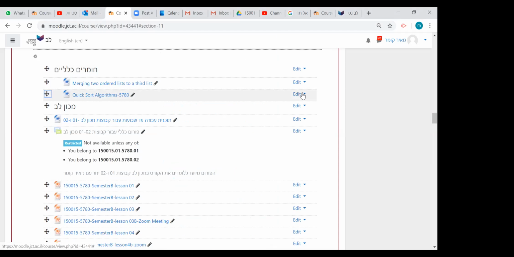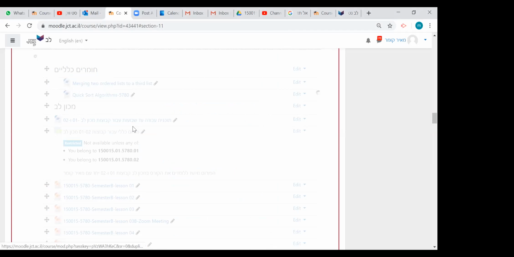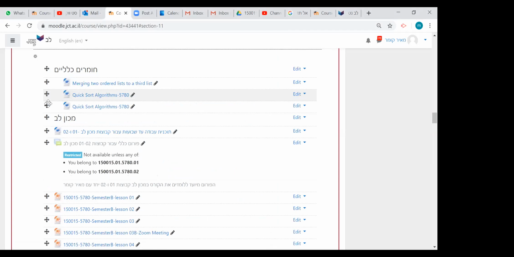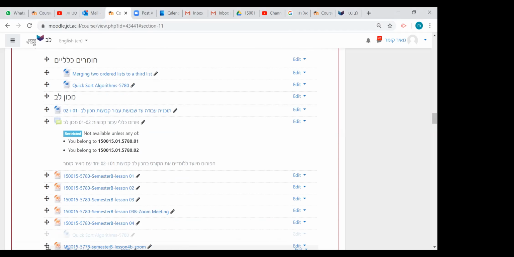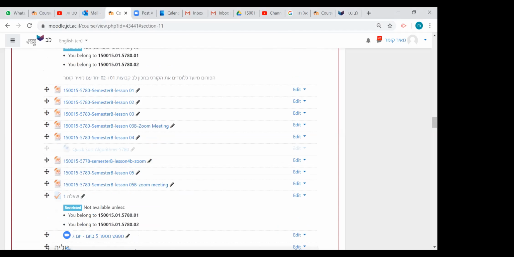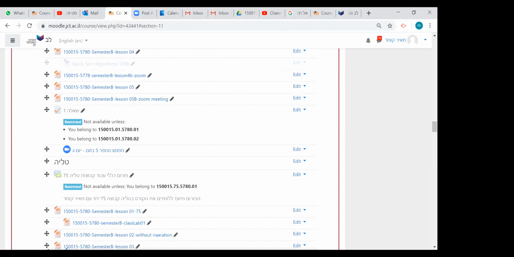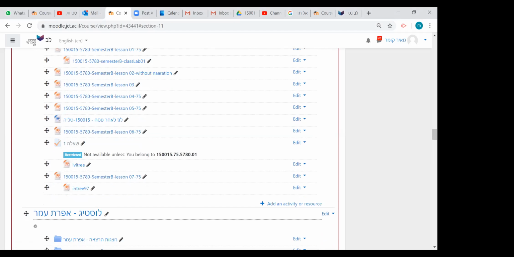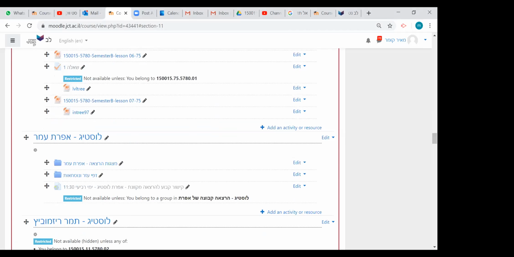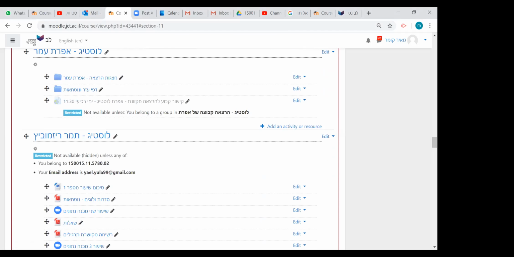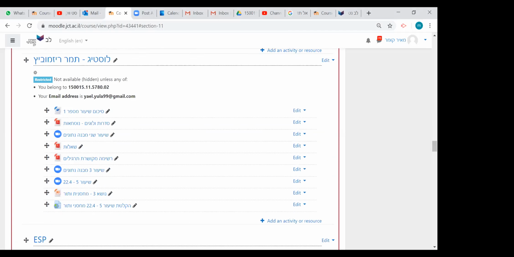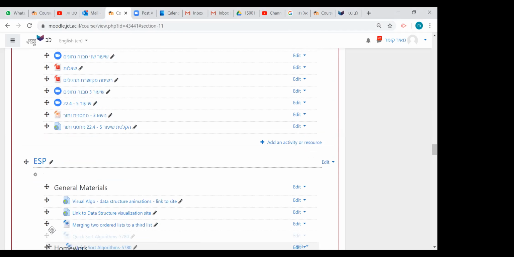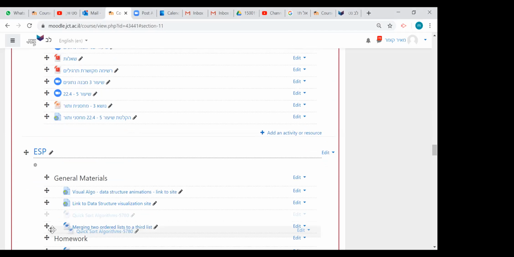So let me just make a duplicate and run it down to our area. What I'm going to put now into our area, here we are, general materials, let's put it here. You have here the quicksort algorithms.